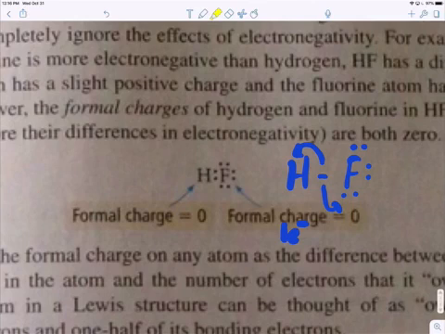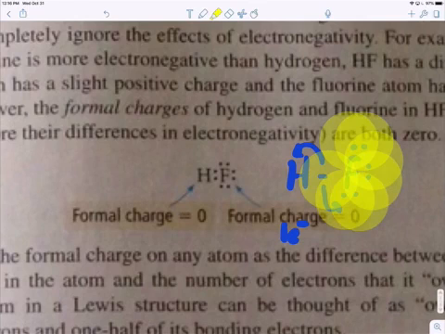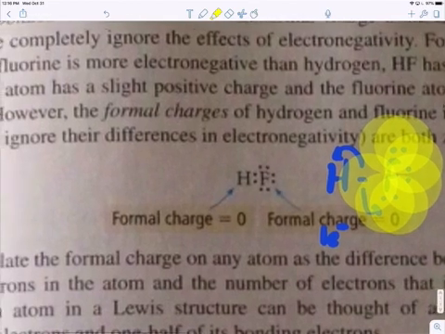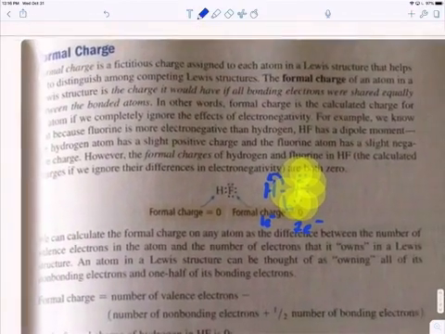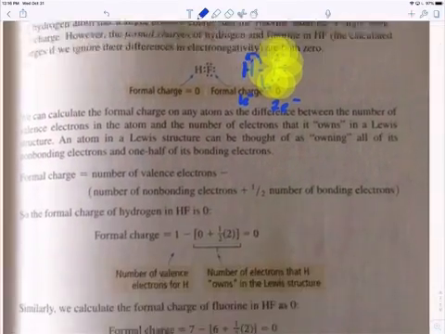Fluorine is going to have 1 electron from there, 2, 2, 2, so fluorine has 7 electrons. Hydrogen starts out with 1 electron and has 1 electron, so its formal charge is 0. Fluorine starts with 7, has 7, formal charge is 0. So formal charge is 0 for both of these.